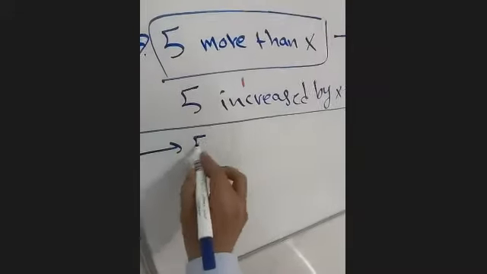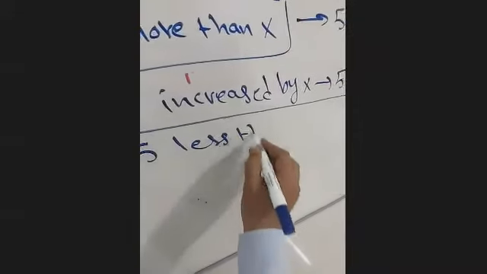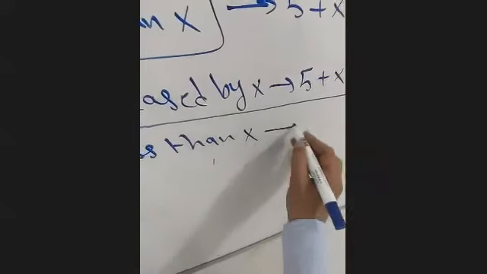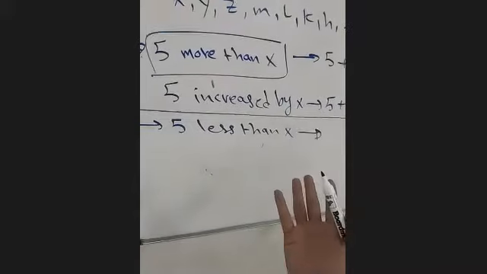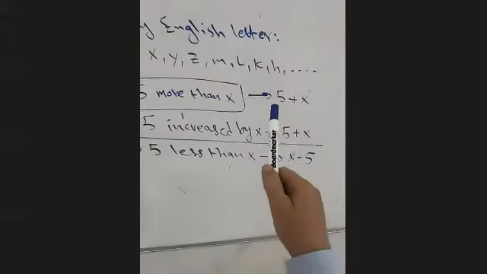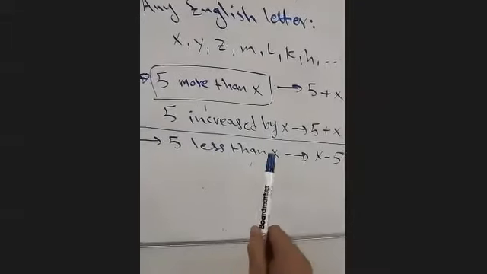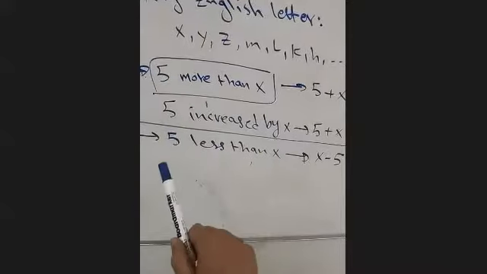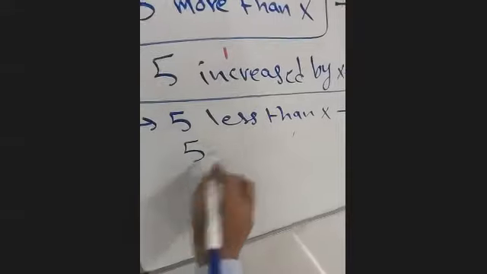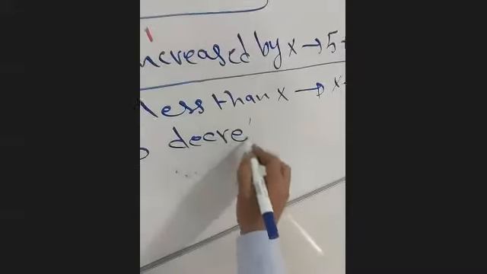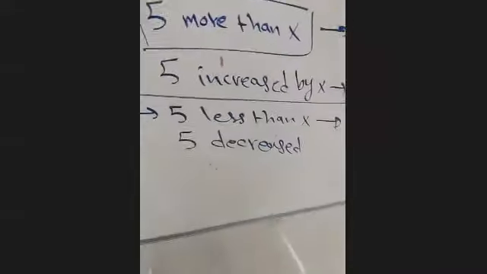Now for subtraction, we say 5 less than X. This word phrase, guys, this sentence, 5 less than X means X minus 5. Notice here, guys, 5 more than X, we say 5 plus X. 5 less than X, we say X minus 5, not 5 minus X. We can also say 5 decreased by X. Decreased also means subtraction.